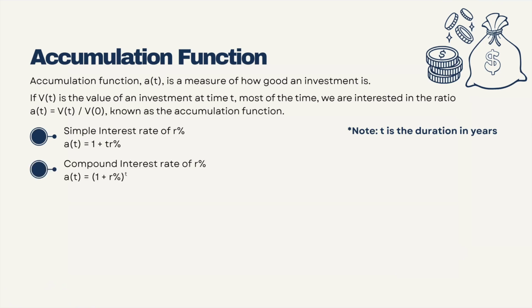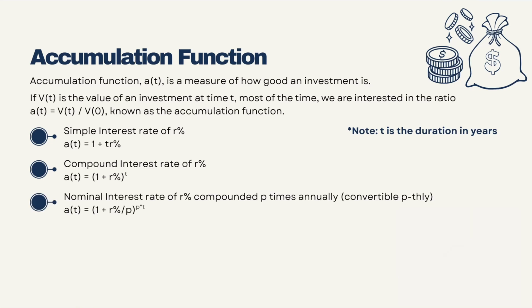Next, we have compound interest rate. In this case, the accumulation function is (1 plus r) to the power of t. Next, we have nominal interest rate that is compounded p times annually. In this case, the accumulation function is (1 plus r divided by p) to the power of p times t.